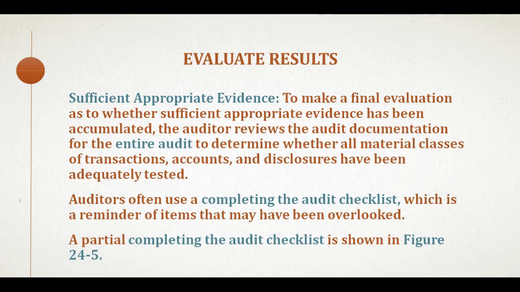Auditors often use a completing the audit checklist, which is a reminder of items that may have been overlooked during the audit. A partial completing the audit checklist is shown in Figure 24-5 on page 782 of your textbook.